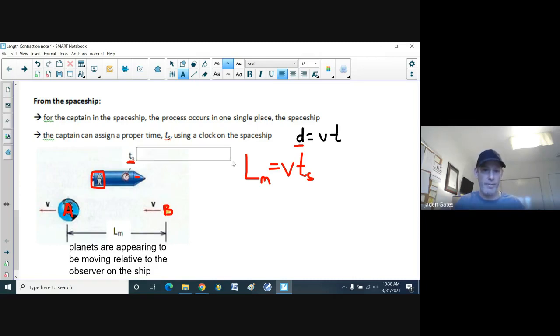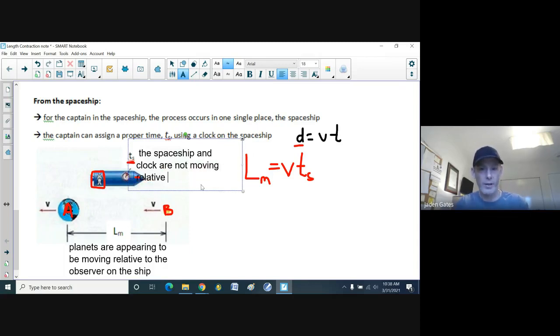But here, the TS, again, this is a situation where the spaceship and clock are not moving relative to the observer on the ship.